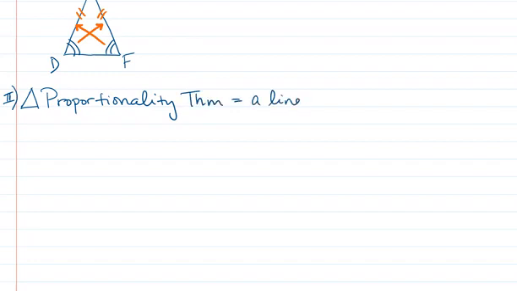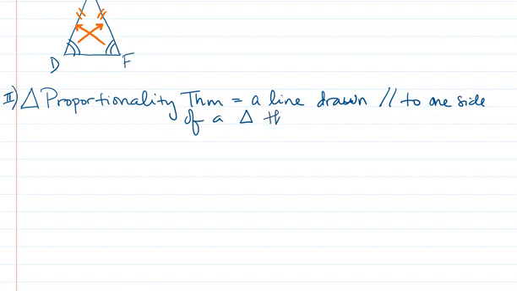So when you have a line drawn parallel to one side of a triangle, that divides the two sides proportionally.